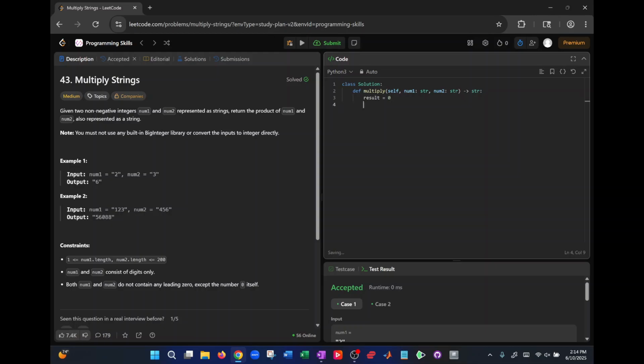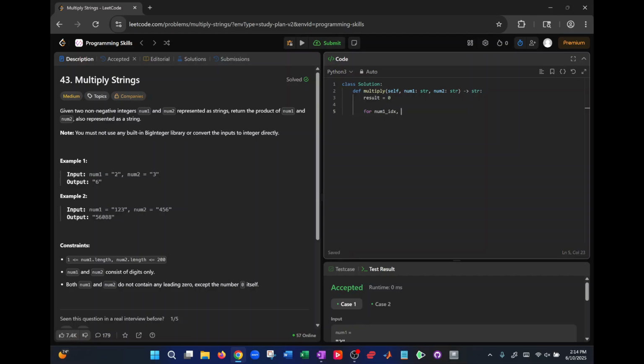So let me write this out. What we're going to be doing is looping through all of the digits in num1 and all the digits in num2.